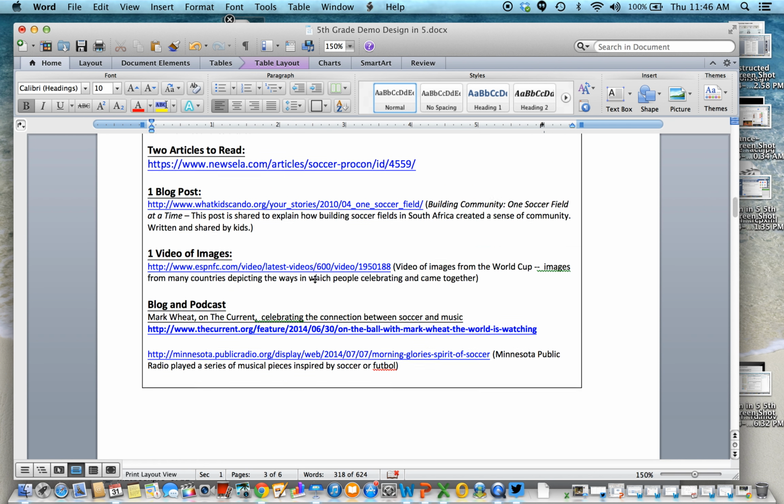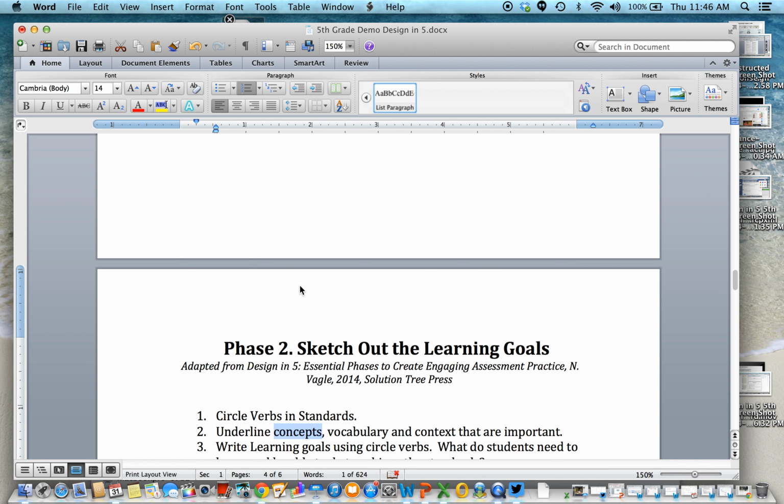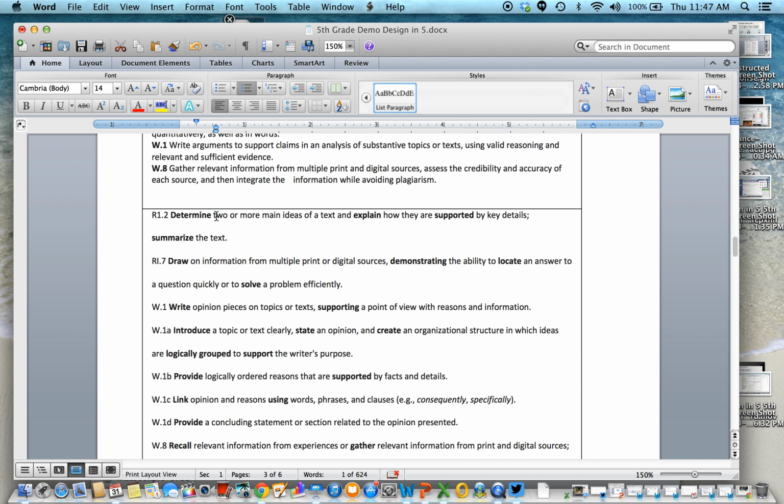Now the next step is moving from circling, or bolding, verbs to underlining the things that are important. So let's take a look at this. They're going to determine two or more main ideas, and they're going to have to use key details to support those main ideas.